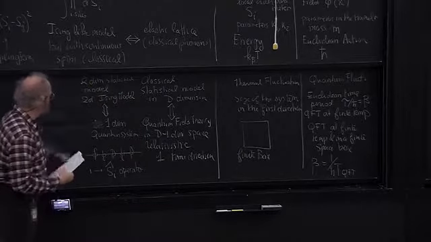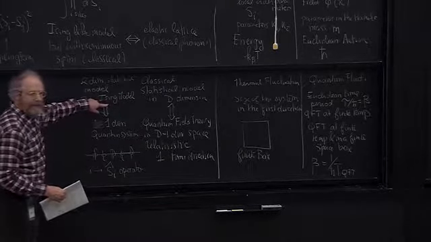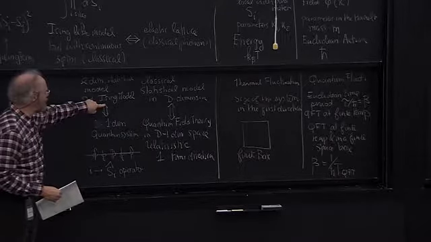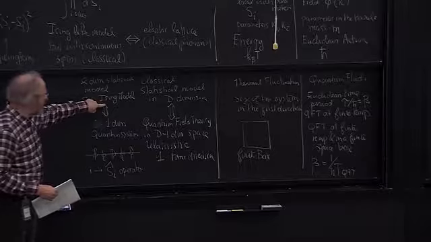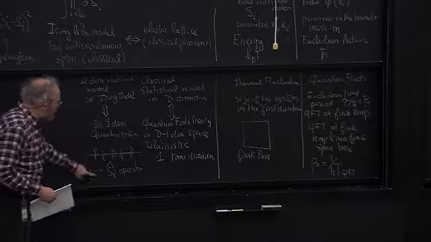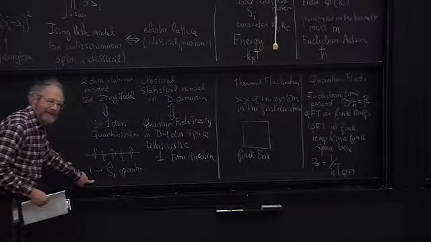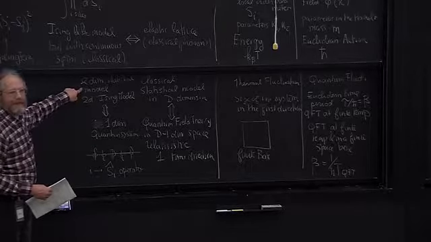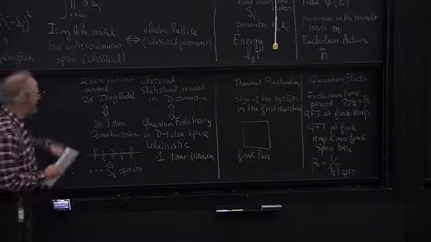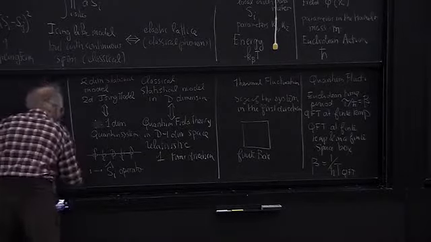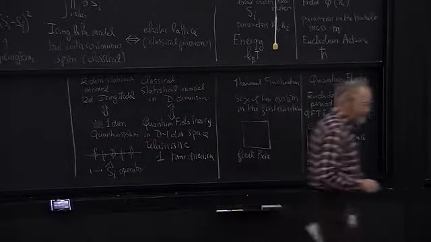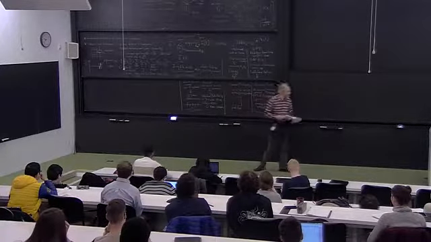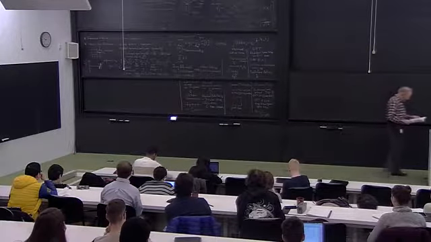So this is an example, in a non-trivial case, because the two-dimensional Ising model is non-trivial, of a correspondence between a one-dimensional quantum system, an extended quantum system, and a two-dimensional classical system. Okay?